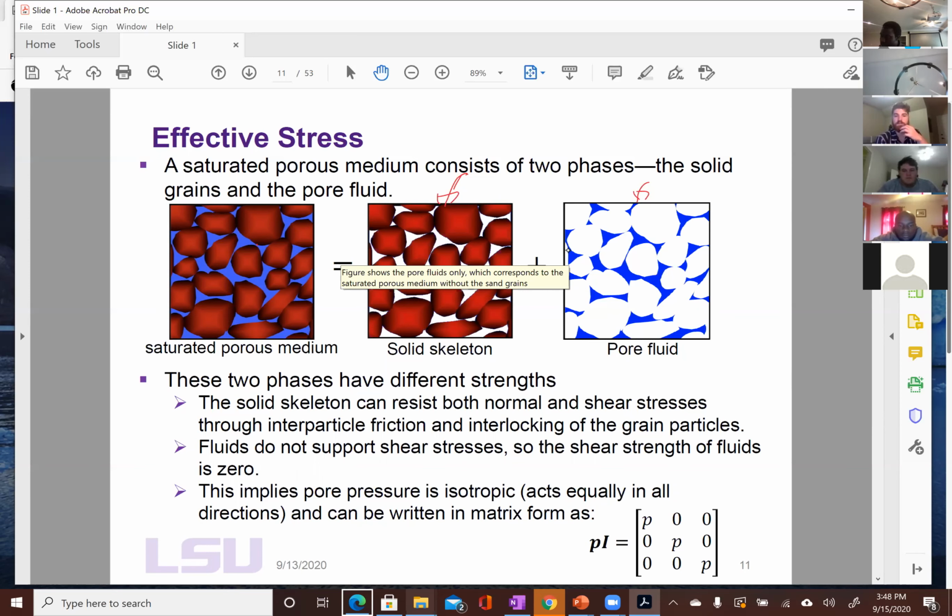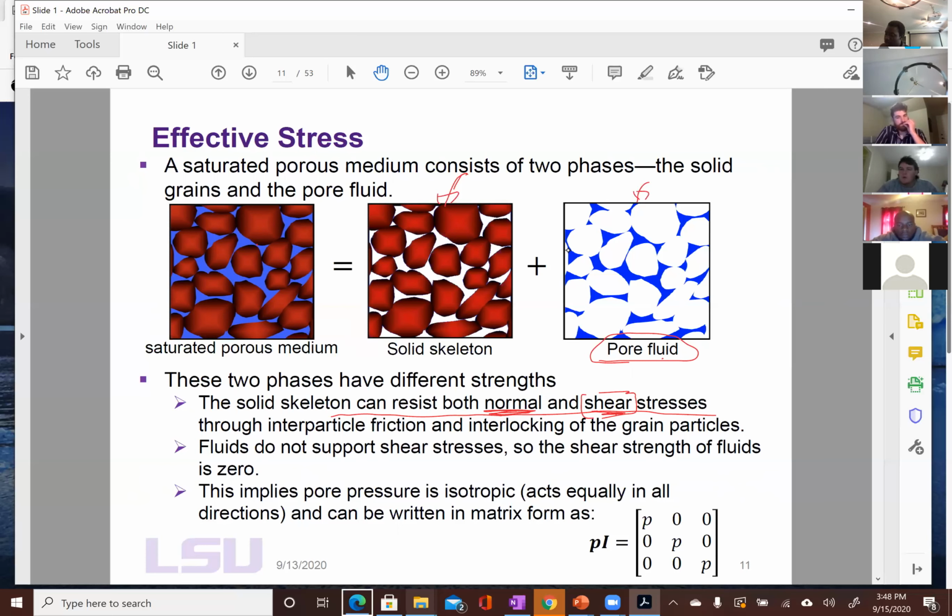I made this point here, which is that the solid skeleton can resist both normal and shear stresses. But how about the fluid? Can the fluid support normal stresses? Yes. Can the fluid support shear stresses? No. It just shears continuously.